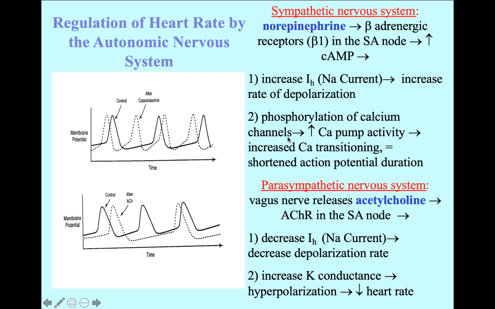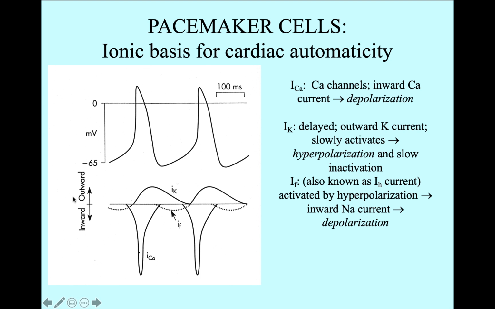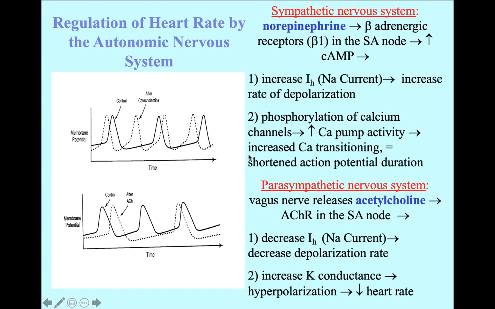So let's say from a normal heart rate, of which you already know the physiology for, you elicit the sympathetic response. Let's say something scared you and now you're panicking a little bit. When you get scared, your body releases norepinephrine. You know this, epinephrine, norepinephrine gets secreted in the sympathetic panic response.